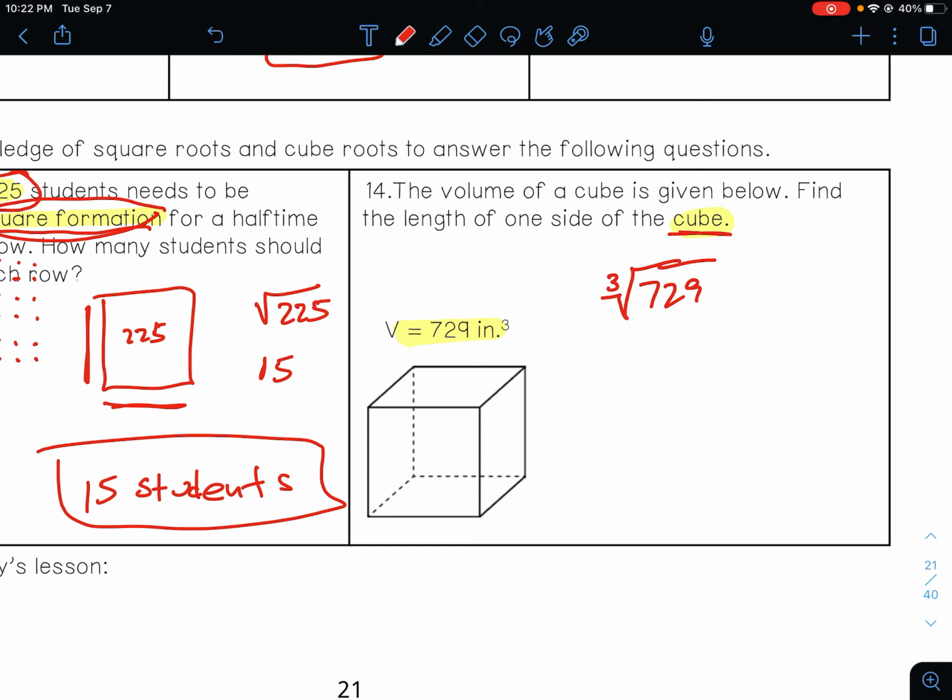to figure out what one of the side lengths is. Because remember, to find the volume of a cube, you multiply the base or the length, I guess you can call it the length, and the width and the height. And because it's a cube, it should all be the same number, right? So it's some number times some number again times some number again. So it's the same number times itself 3 times, which is like a cube. So what number times itself is going to get you a volume of 729?